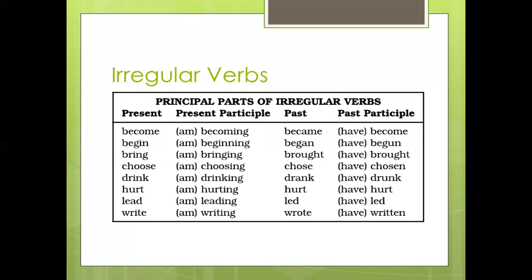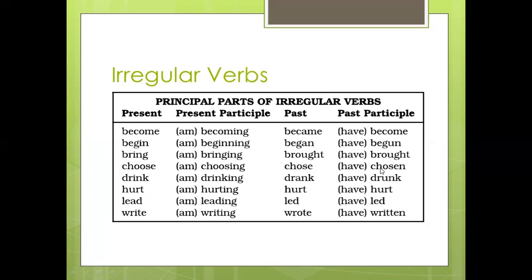Here you can see they are irregular verbs like become, begin, bring, choose, drink, hurt, lead, and write. Like become is becoming what? Became in past and have become in past participle. Begin, began, and begun. Okay, so the word is totally changing. Bring is becoming brought and brought.